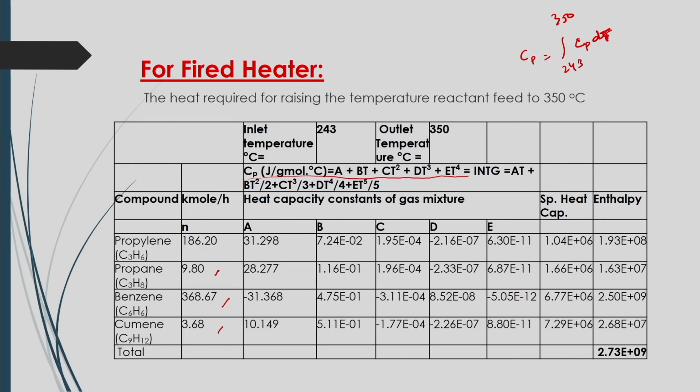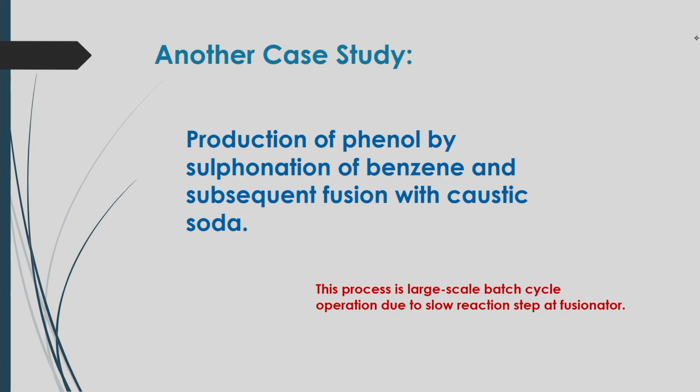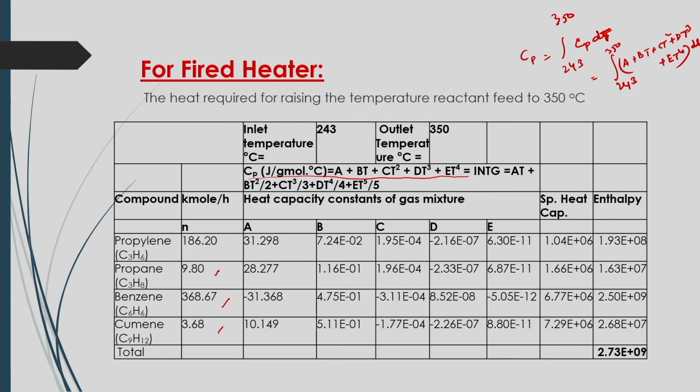Now, Cp is equal to A plus Bt plus Ct square plus Dt cube plus Et to the power 4, into dt, and then you have to integrate it within these limits, and then you can get the specific heat capacity.